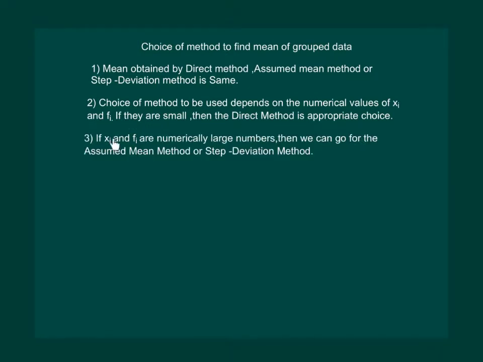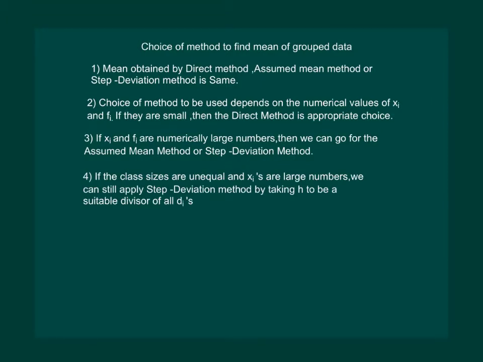If xi and fi are numerically large numbers, then we can go for the assumed mean method or step deviation method. If the class sizes are unequal and xi's are large numbers, we can still apply the step deviation method by taking h to be a suitable divisor of all the di's.